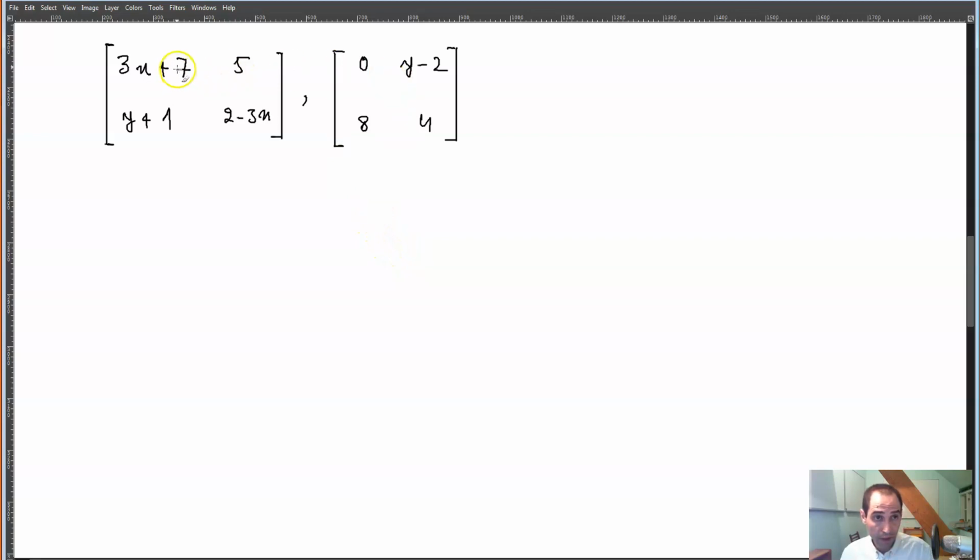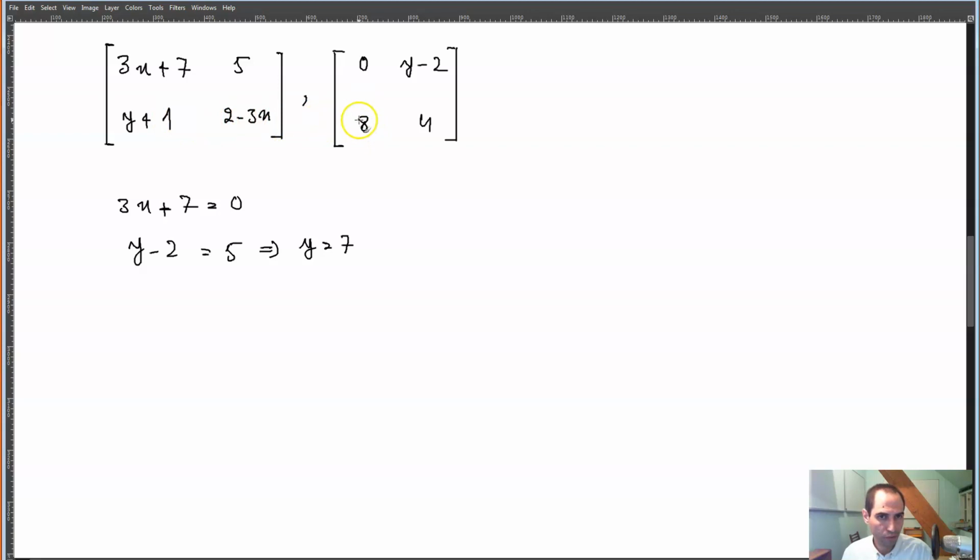You want these matrices to be equal. That means that 3x plus 7 has to be equal to 0, and y minus 2 has to be equal to 5. Here this gives y is equal to 7, and over here, y plus 1 is equal to 8.